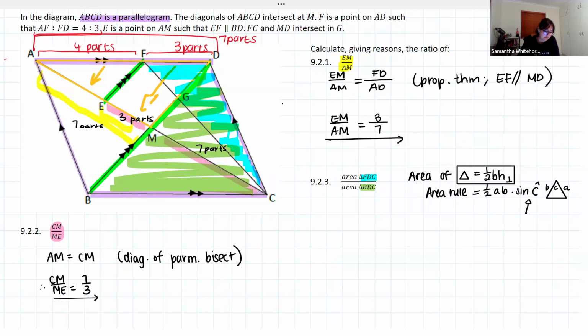Okay, so just careful, the full angle D is in triangle FDC, but only part of angle D is in triangle BDC. So just be careful, we don't have the full angle there.